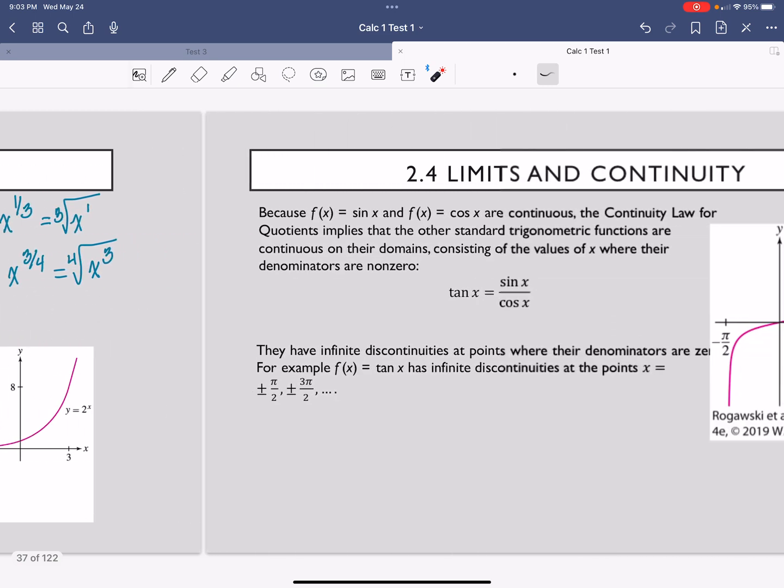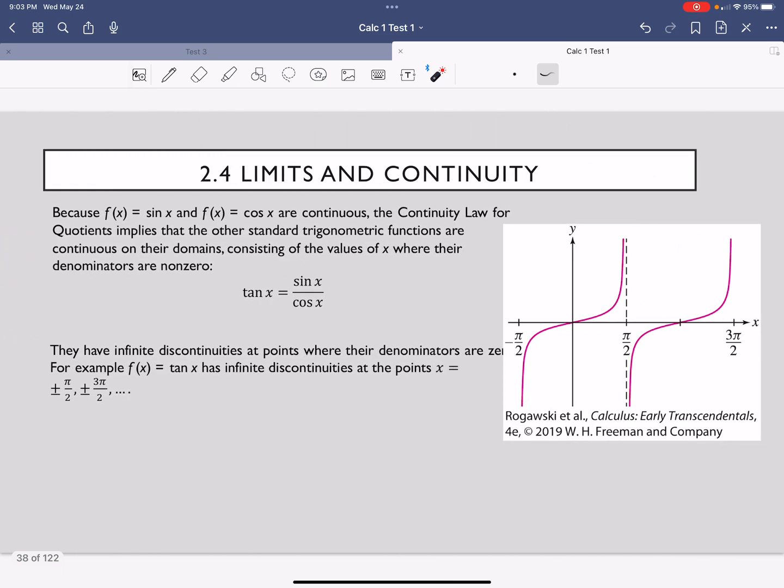Okay, let's look at a little bit more trig. So we're going to look at the continuity for tangent of x. I know many of you just got out of trig. So we've got the tangent of x, and when we remember, tangent of x is sine of x over cosine of x.